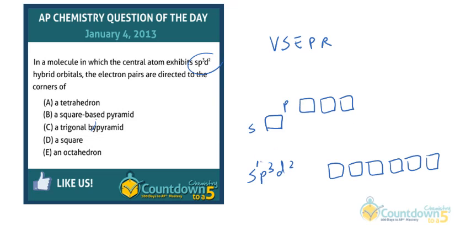Let me just go over that again. It's a hybridization consisting of an amalgam, a mixture of 1 s, 3 p's, so that makes 4, and 2 d's, which makes 6. So we've got 6 equal energy sp3d2 orbitals, and in the most basic case, they each contain in that atom 1 electron.